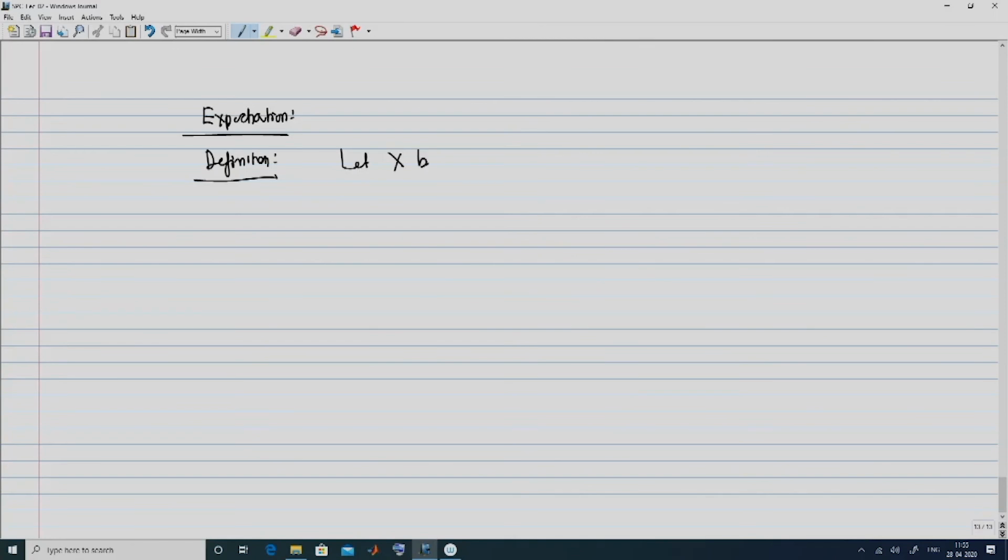So, let X be an absolutely continuous random variable having the density function, so we have to specify the density function f of x.